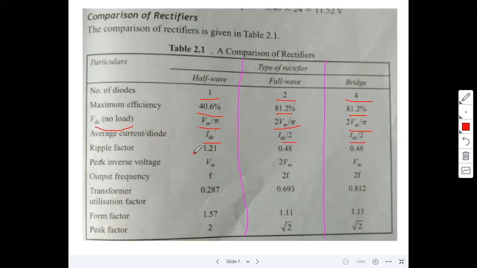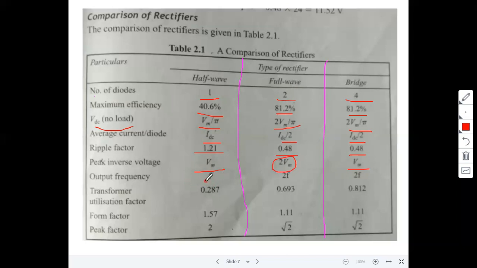Another important one is the ripple factor, which tells how much of the AC component is contained in the DC output. That is equal to 1.21 in half wave rectifier, and 0.48 in full wave rectifiers. Peak inverse voltage is Vm in half wave rectifier and bridge rectifier, whereas it is 2 Vm in center tapped transformer.